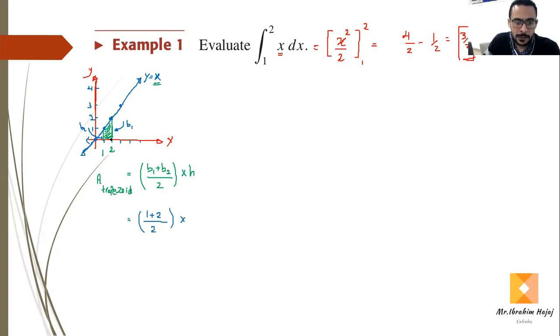We have a trapezoid like this, guys. It has a base of 2 and another base of 1, and the height is 1. So multiplying by 1 gives us 3 over 2, which is exactly the same as what we did using the definite integral and the Fundamental Theorem of Calculus part 1. Okay?